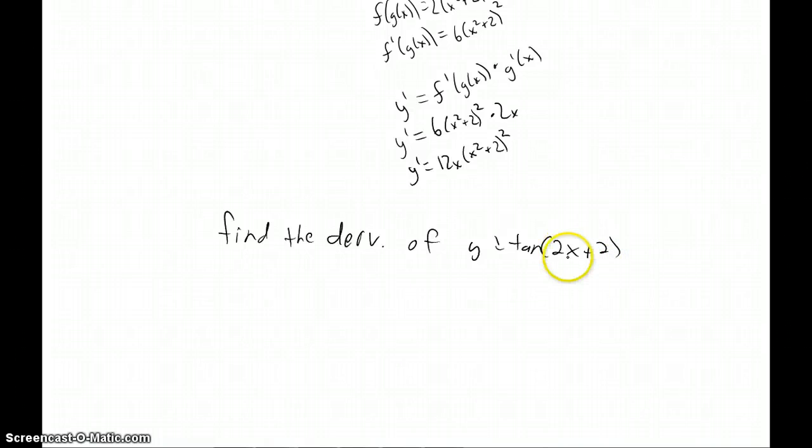Now, the inside part of the function will be called g of x, and g of x in this case is 2x plus 2. First, we want to find the derivative of g of x, which we know is 2. Then we want to find the derivative of the entire function, which we will call f of g of x.